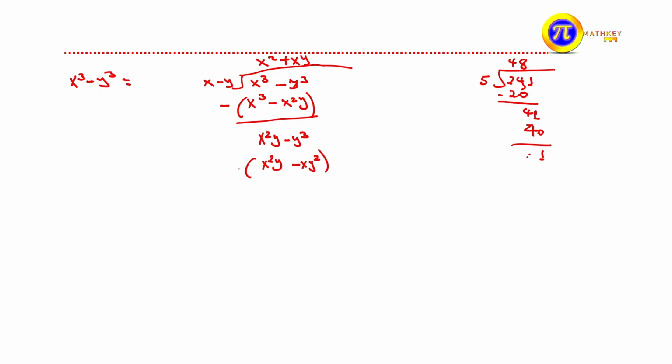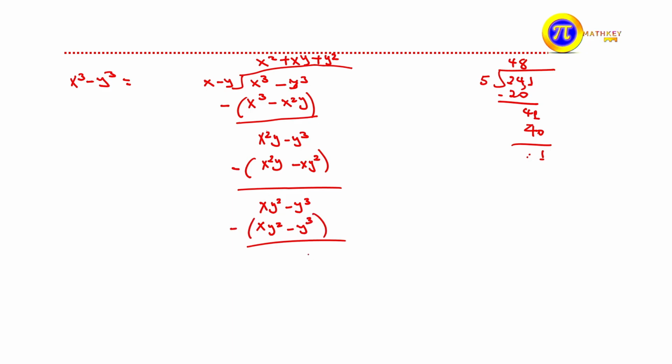Here again we take their difference. When we take the difference between them, it becomes x times y squared minus y cube. Again, we have x and y squared, so we take plus y squared. x times y squared divided by x is y squared, so y squared times x becomes x times y squared minus y cube.